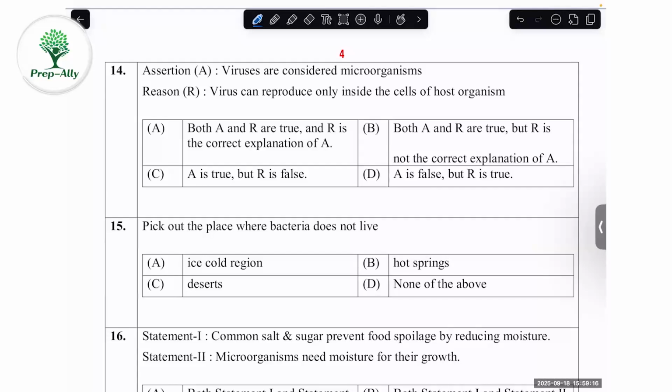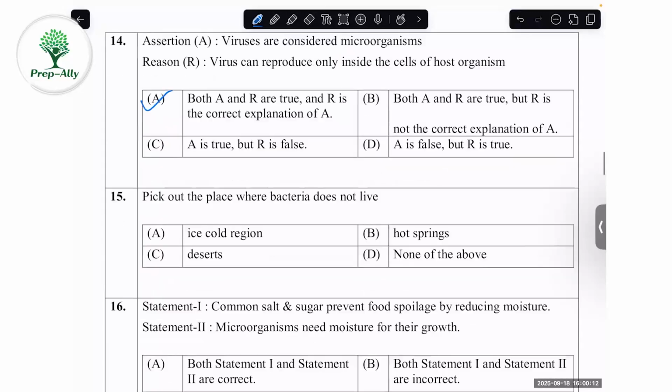They can crystallize their body. That's why viruses are considered a bridge between living and non-living creatures. So the correct option will be A, because both assertion and reason are correct, and the reason explains why they are placed in the microorganism category.